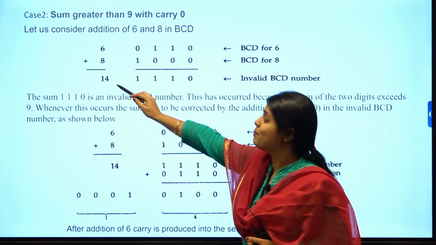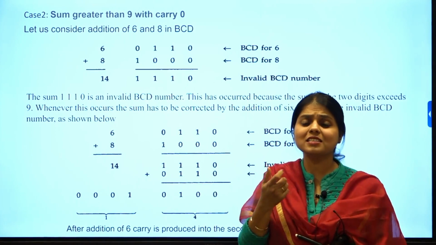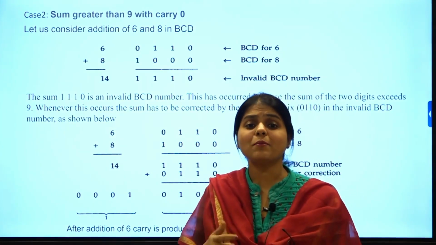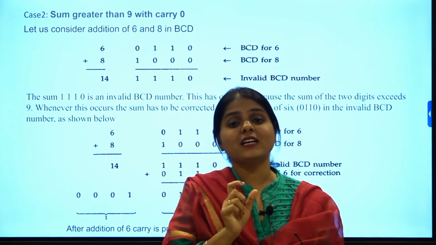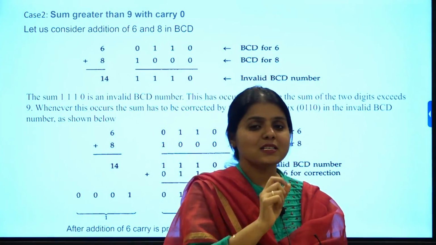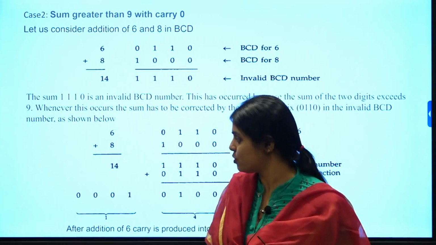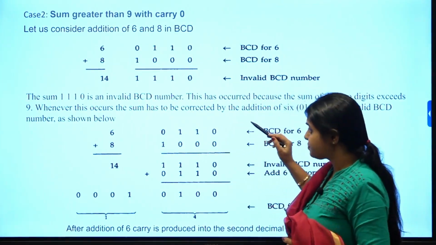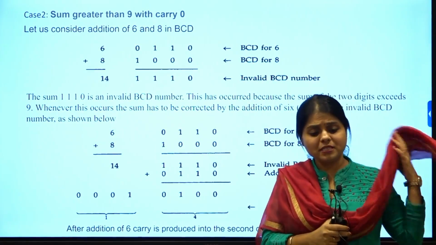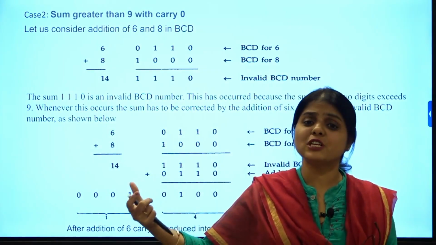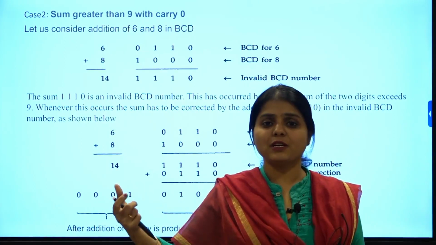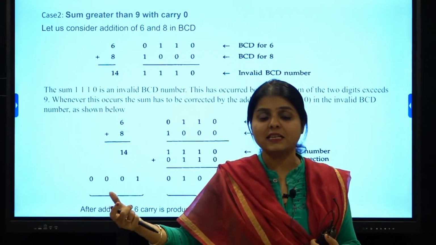So how do I represent this 14 now? The result of 6 plus 8 is 14. How do I represent that 14 in BCD? I have to consider 14 as two different digits: 1 as one digit, 4 as another digit. So how do we do that? BCD numbers are from 0 to 9. Apart from that, we have numbers till 15, right? Decimal numbers we are representing till 15.